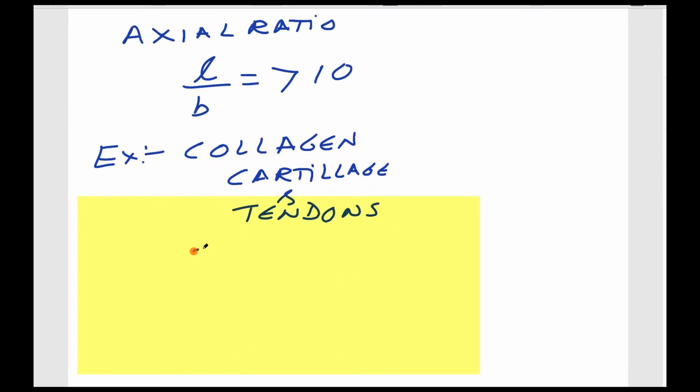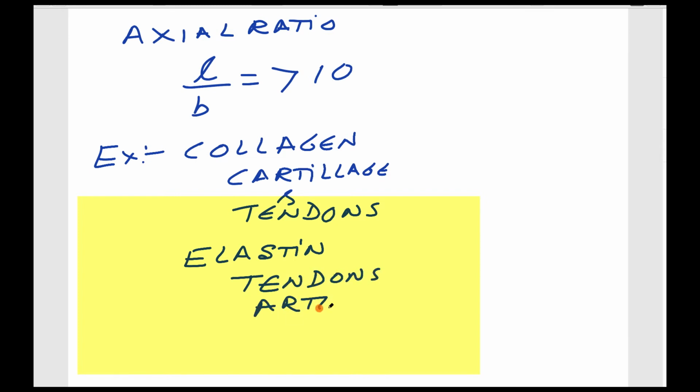The second one is elastin. It is present in tendons and in arteries. I'm mentioning these as examples. The third one is keratins.